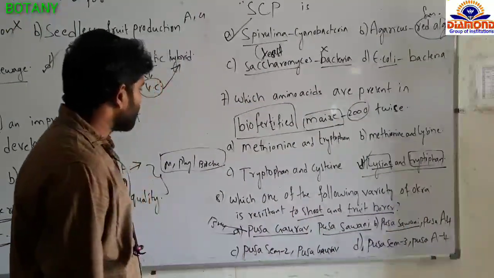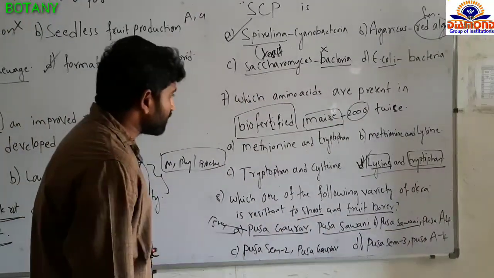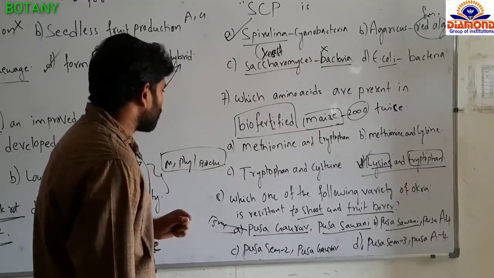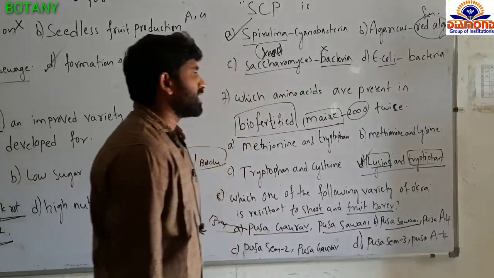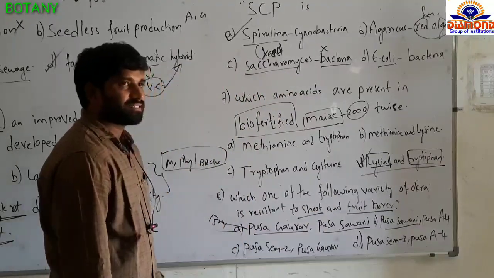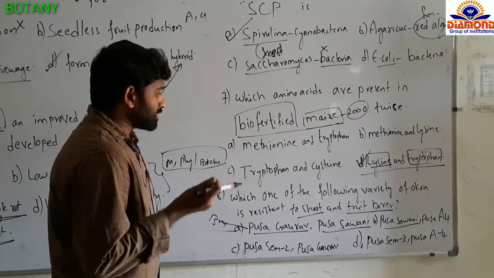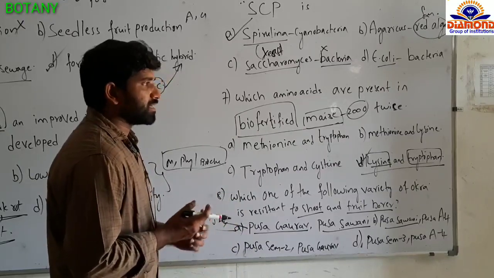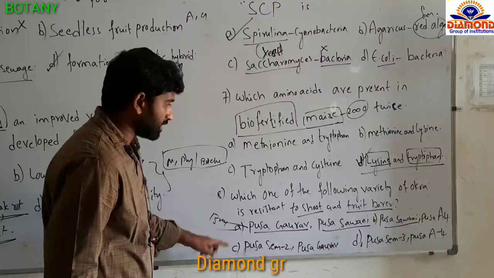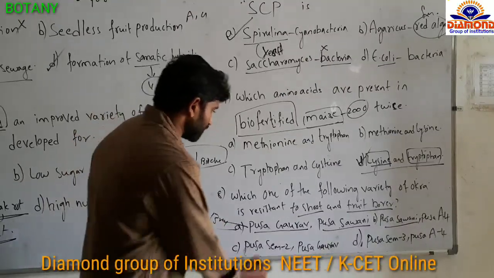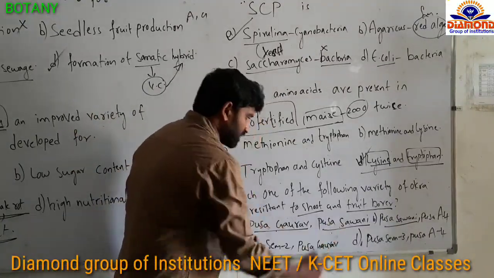Next question is the 8th one. Which one of the following varieties of okra is resistant to shoot and fruit borer? So okra is insect pest resistant to some of the insects. Those insect pest resistant okra varieties we have to identify in the given options. Option A is Pusa Doro and Pusa Savani.